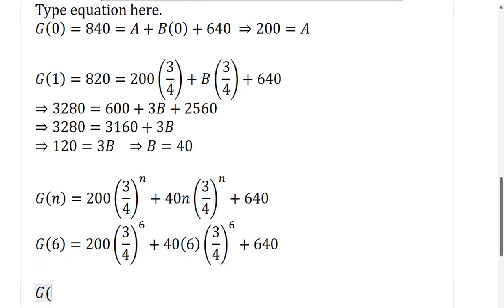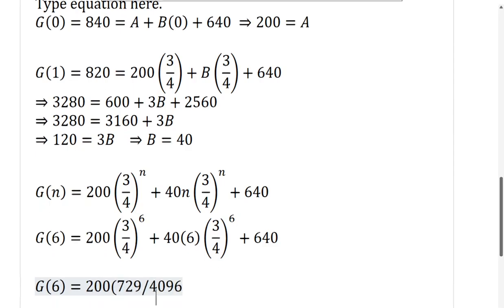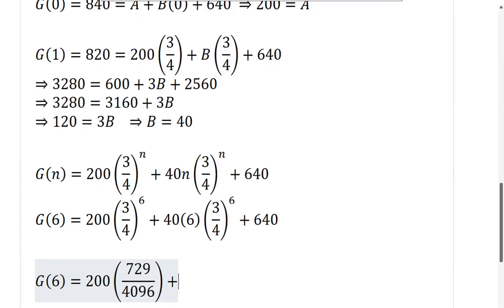So that's G6 equals, just to be sure, so 3/4 to the power of 6, was it? So it's 200 by our 729 over 4096 plus 240 by our 729 over 4096 plus our 640.